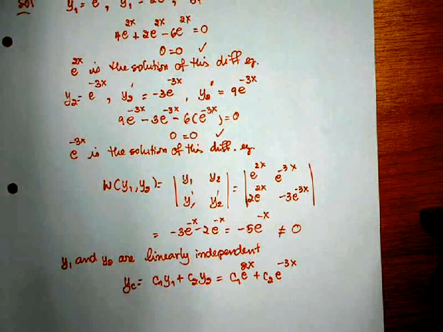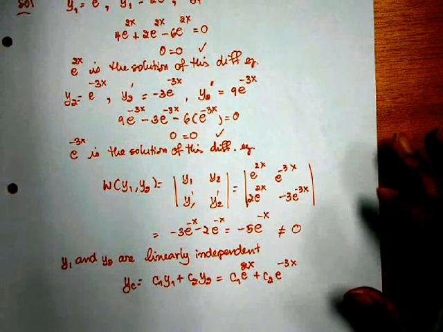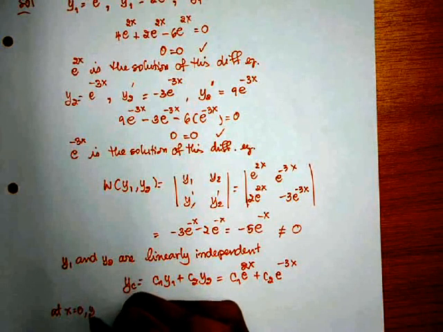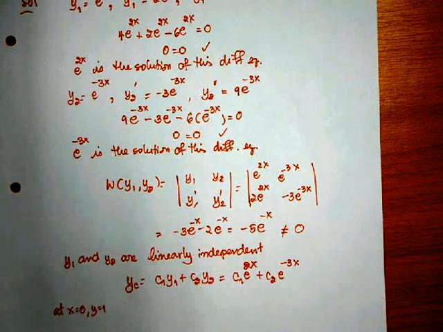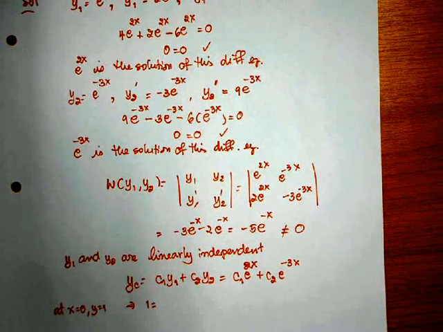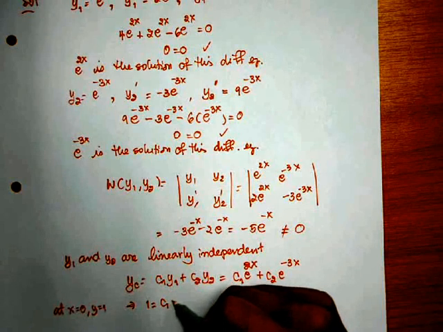So in that case, we've got to find C1 and C2 by those boundary conditions. The first boundary condition said that at x equal to 0, y is equal to 1. We just plug it in. This y means yc. Okay? So we would get 1 equal to C1 plus C2.